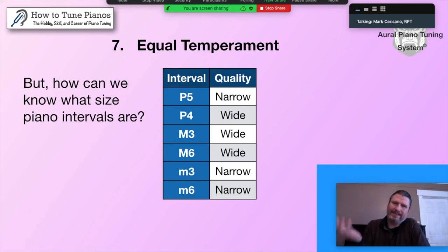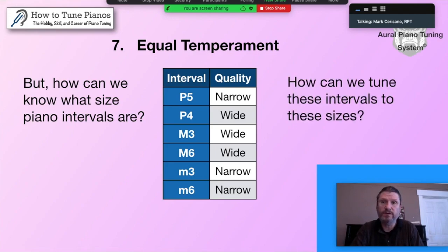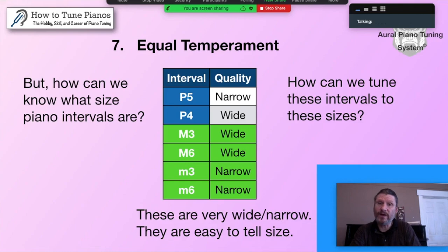But how can we know what size a piano's intervals are? How do we know? And how can we tune these intervals to these sizes? Well, some of these intervals are very wide or very narrow, so it's easy to tell that they're wide or narrow.